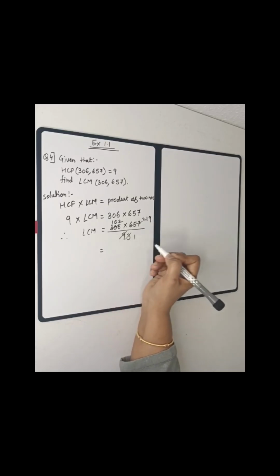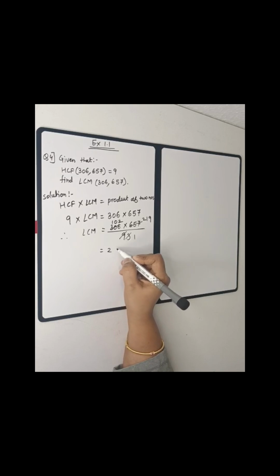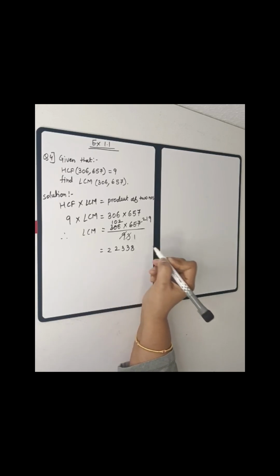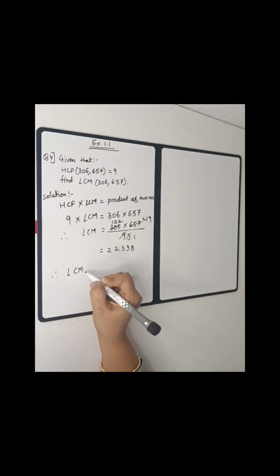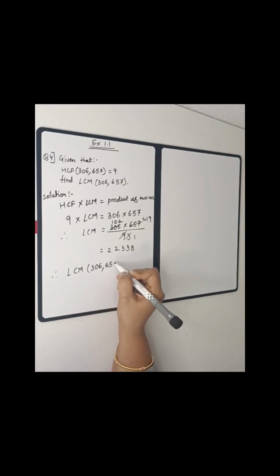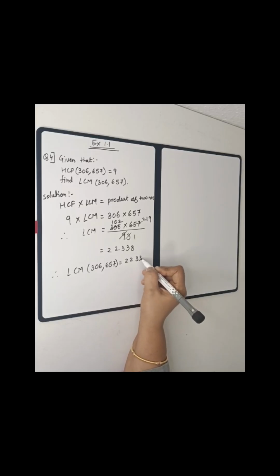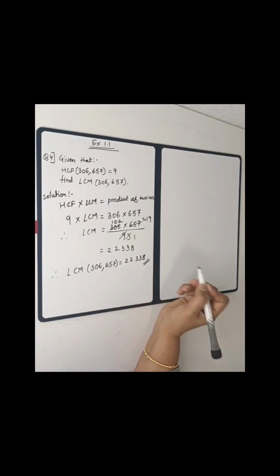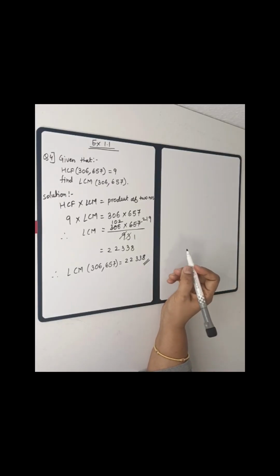So if you multiply these two, you will get the answer as 2, 2, 3, 3, 8. So you can write LCM of 306 comma 657, if you do, it is 22,338. Okay, so let us go to the next question, that is question number 5.